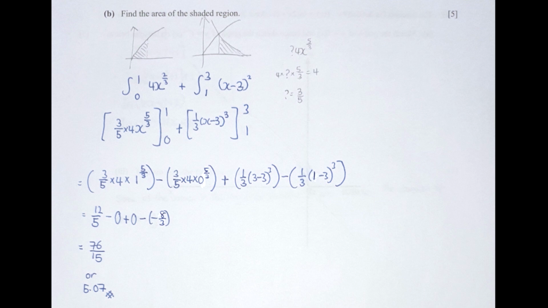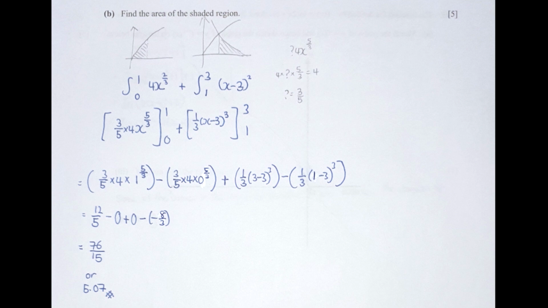And through this, they are asking us to calculate this shaded region, which is the center over there. So I'll be taking the integral from 0 to 1 of 4x to the power of 2 over 3, adding it with the integral from 1 to 3 of (x minus 3) squared.